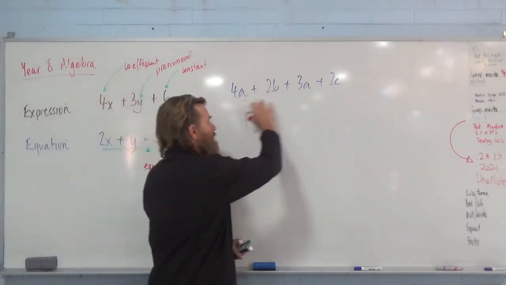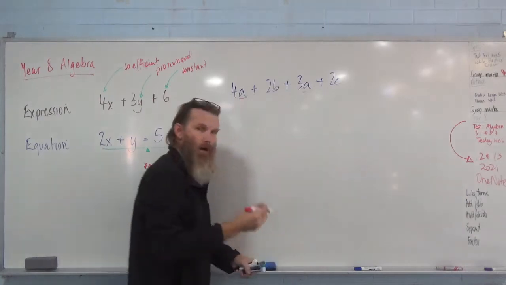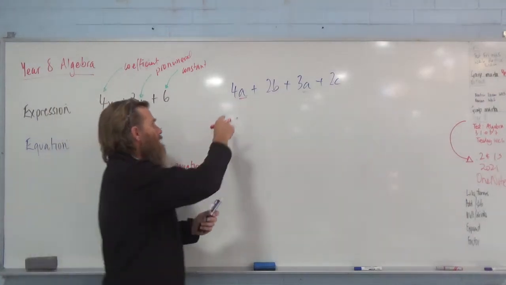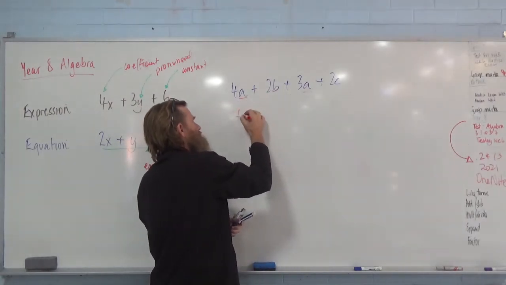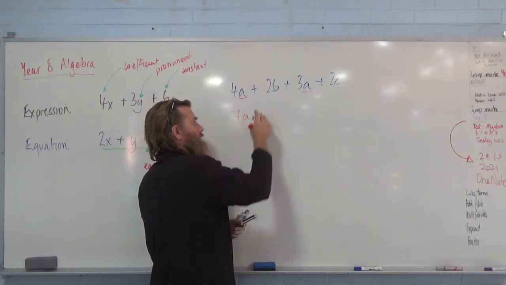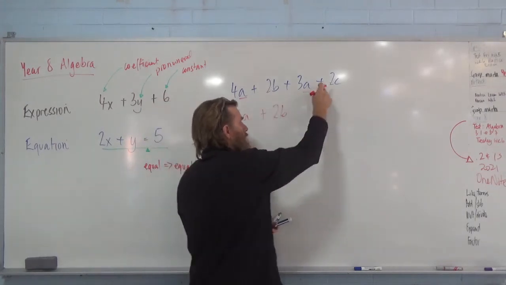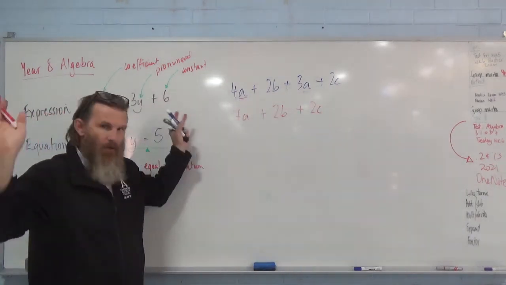So we first look through here and we say, well, this and this are like terms. So I can put them together. 4 lots of a and 3 lots of a is going to give me 7 lots of a. I can't do anything with this, so just write it down as it is. I can't do anything with this. That's it, I'm done. That's all I can do.